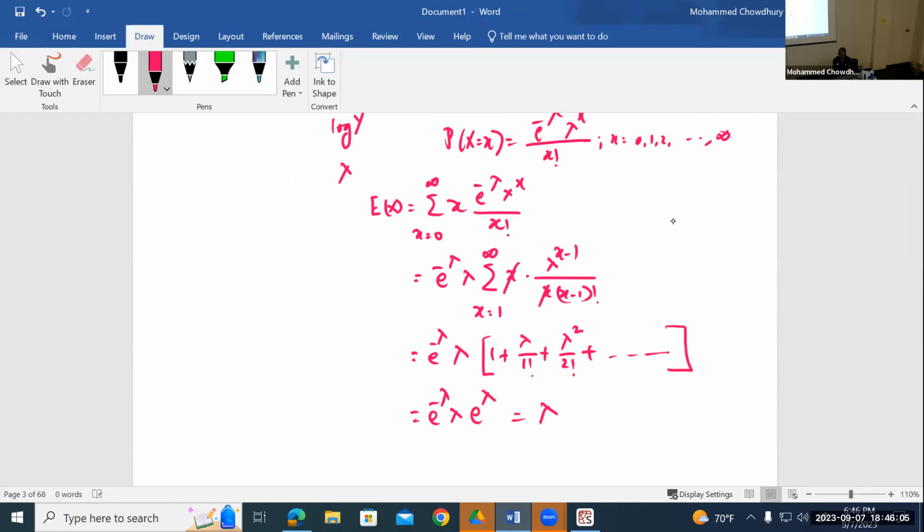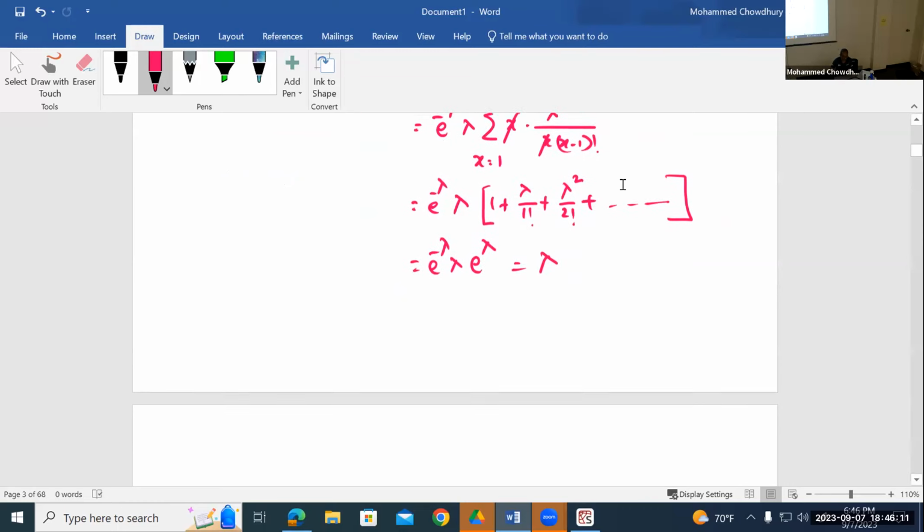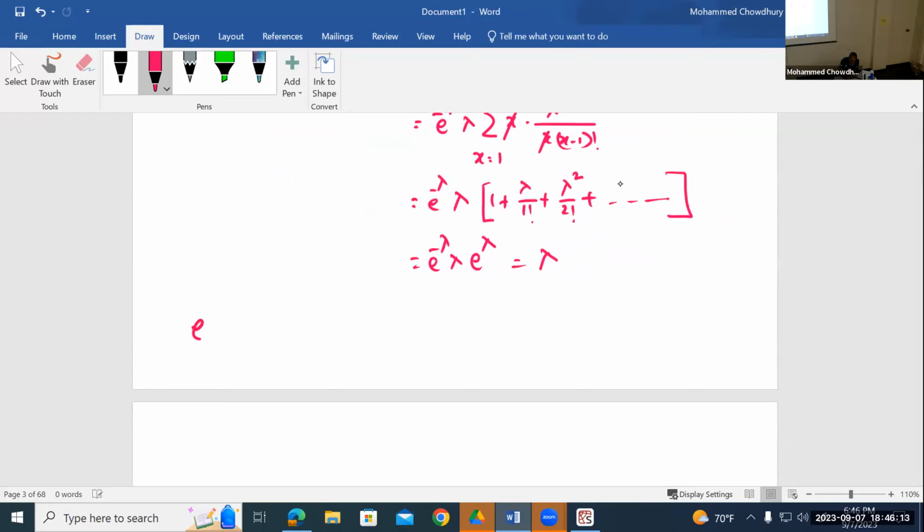So the mean of the Poisson distribution is lambda, which I have mathematically derived. Okay, mathematically derived. So this is the exponential series. This is the definition. People defined it: x squared by factorial 2, x cubed by factorial 3, x to the 4 by factorial 4.